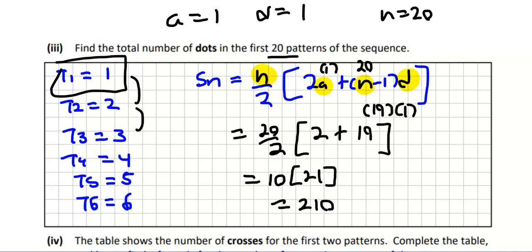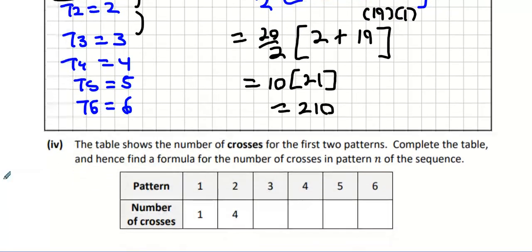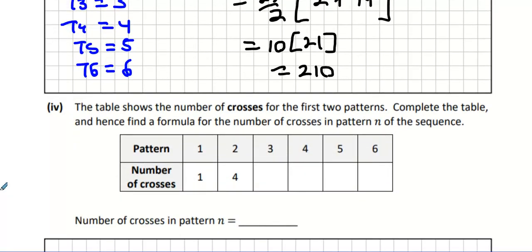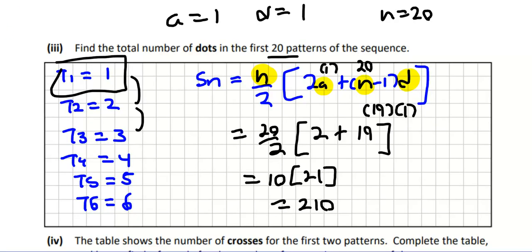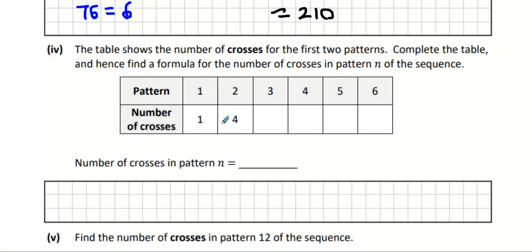Adds up to 210. Okay, the table shows the number of crosses for the first 4 patterns. Complete the table. So the first one is x's. So we're talking about the x's. It's 1, 4, 9, 16. Now these are square numbers.